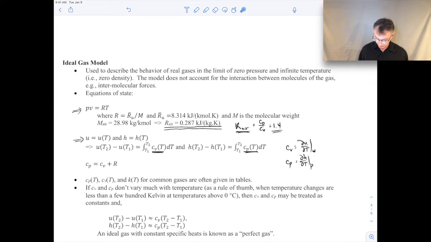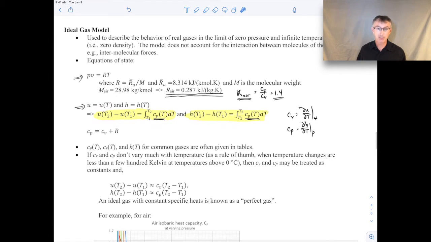So you need to keep that in mind, that to be accurate when you're trying to find the change in the specific internal energy, you have to take into account how the C sub V varies with temperature. Likewise, if you're trying to find the change in the specific enthalpy, you need to see how C sub P varies with temperature to be accurate. Okay, and I'll come back to how you find the C sub V and C sub P as functions of temperature in just a moment.